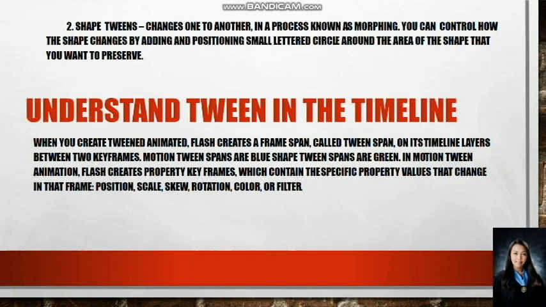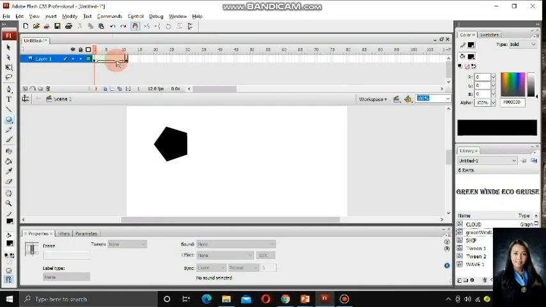Now let's further understand what a tween is in the timeline. When you create a tween animation, Flash creates a frame span, which is this one.